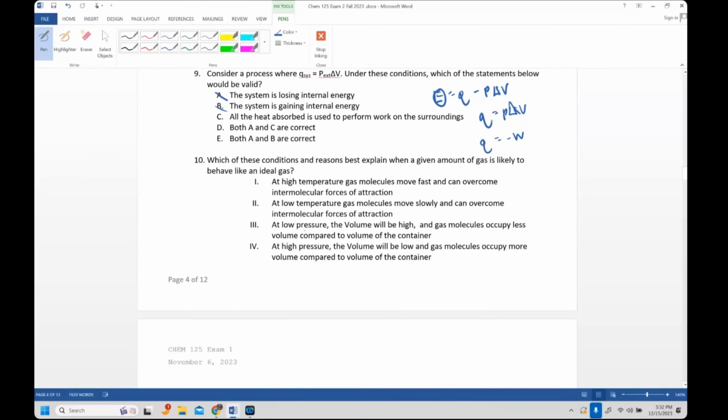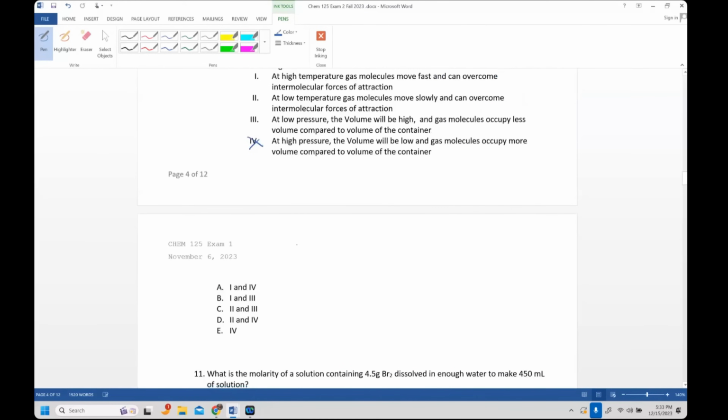Number 3: at low pressure, the volume will be high, and the gas molecules occupy less volume compared to the volume of the container. Yeah, kind of. Now number 4: at high pressure, the volume will be lower, and the gas molecules will occupy more volume. They can't occupy more volume than that of the container.